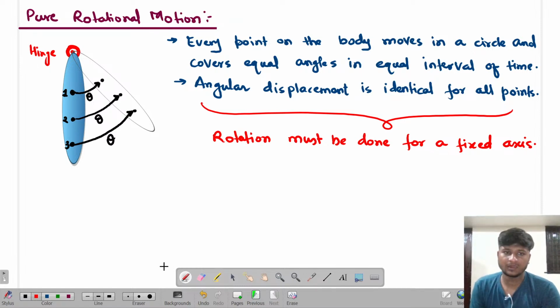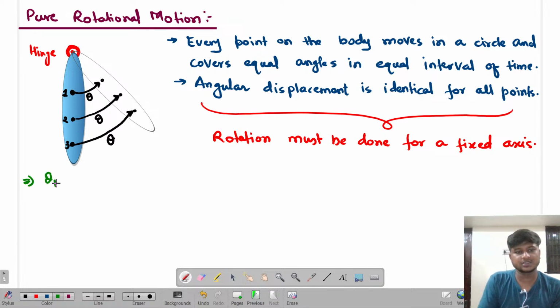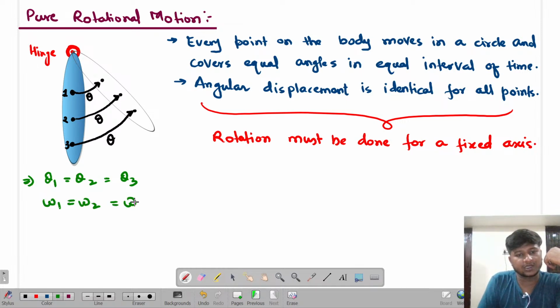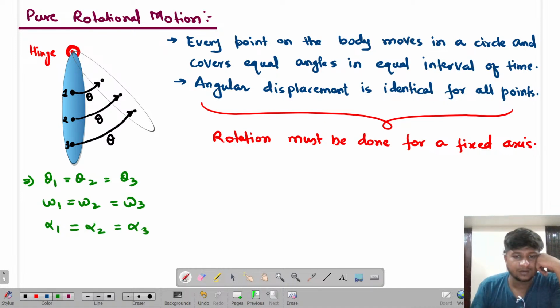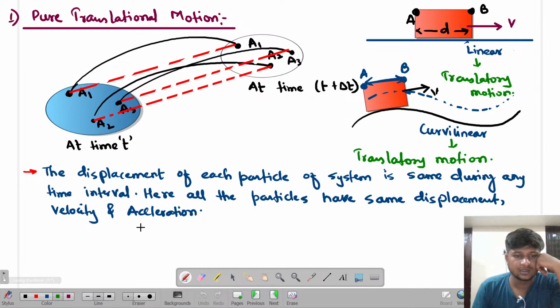So here we'll conclude that not only theta: first, theta 1 is equal to theta 2 is equal to theta 3. Second, omega 1 is equal to omega 2 is equal to omega 3. And third, alpha 1 is equal to alpha 2 is equal to alpha 3. Here what was happening?